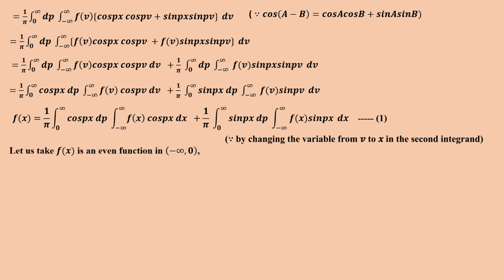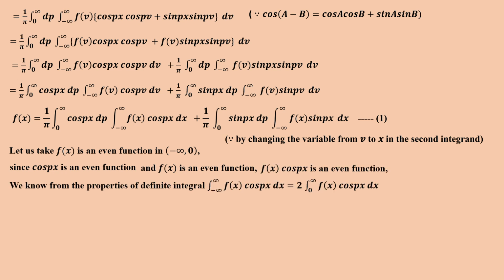So let us take f(x) as an even function in minus infinity to 0, and cos px is an even function. f(x) is an even function, and the product of even functions is an even function. So f(x) cos px is an even function. By the properties of definite integrals, the integral minus infinity to plus infinity f(x) cos px dx is equal to 2 times integral 0 to infinity f(x) cos px dx.